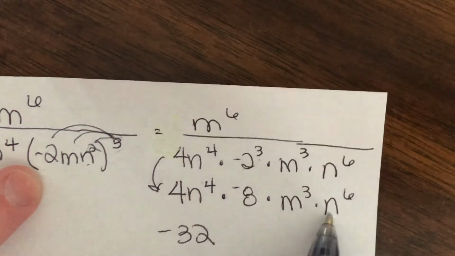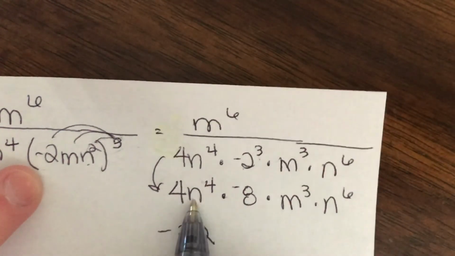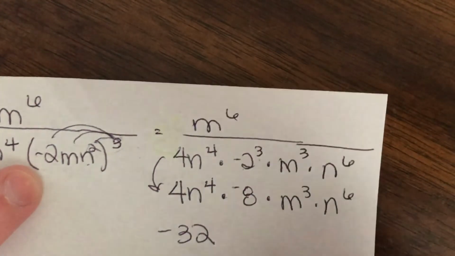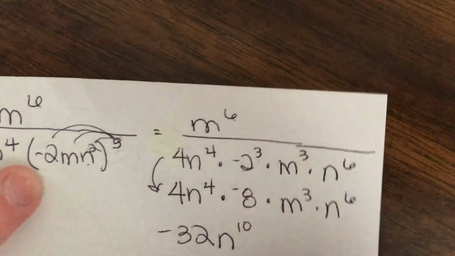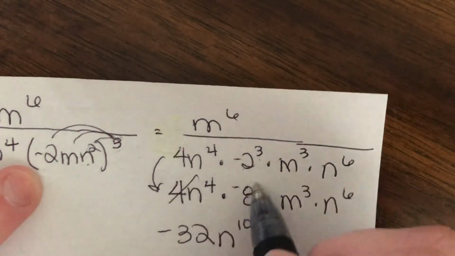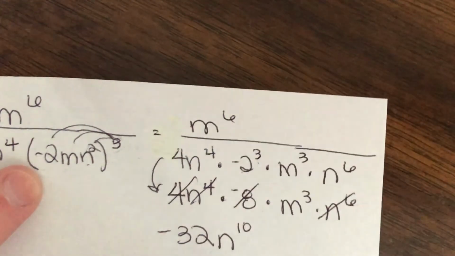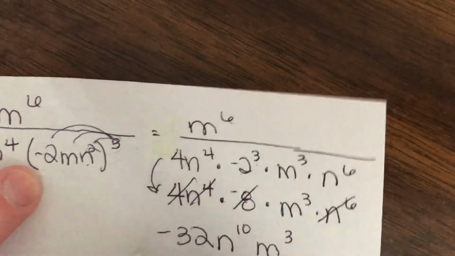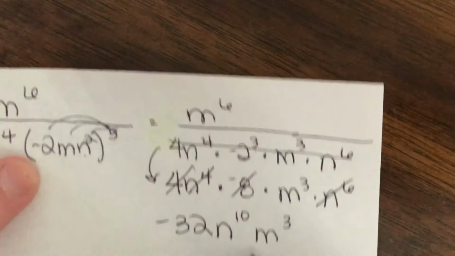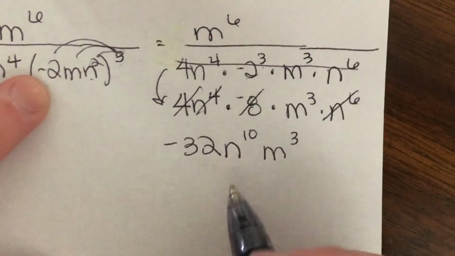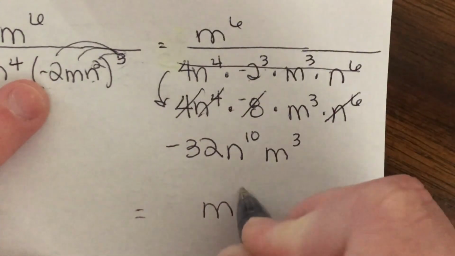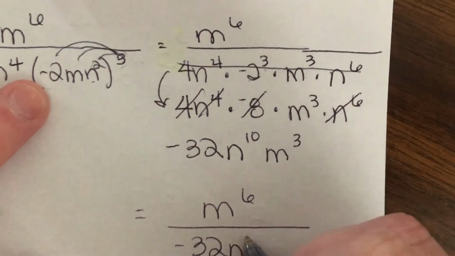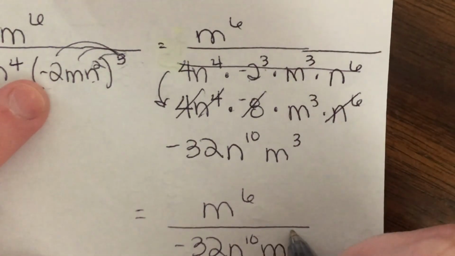I can combine my n's, right? n to the 4th times n to the 6th. 4 plus 6 is 10, so that's n to the 10th power. So I've used these two, I've used this one, and then I have m to the 3rd. That's all on the bottom now. So I can rewrite the whole thing now. m to the 6th all over negative 32, n to the 10th, m to the 3rd.